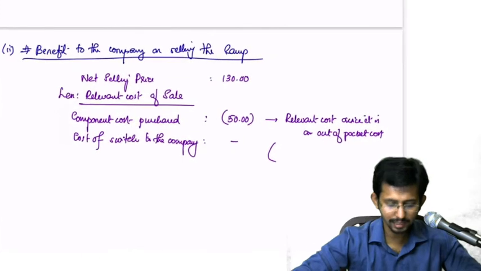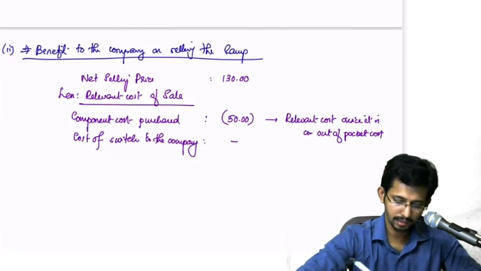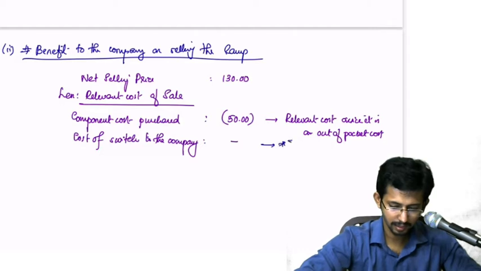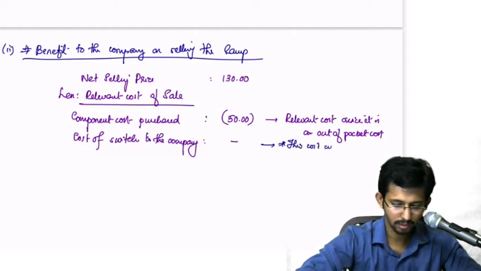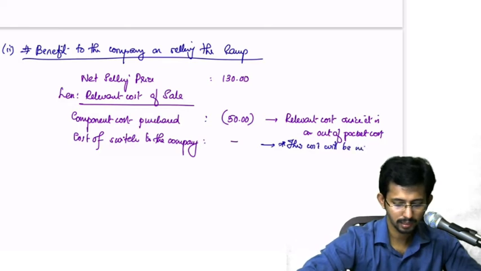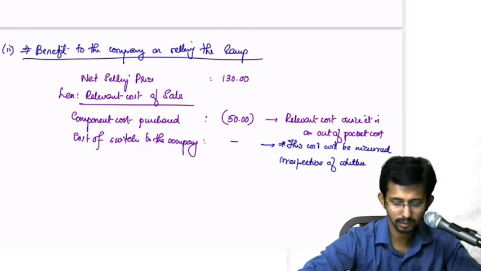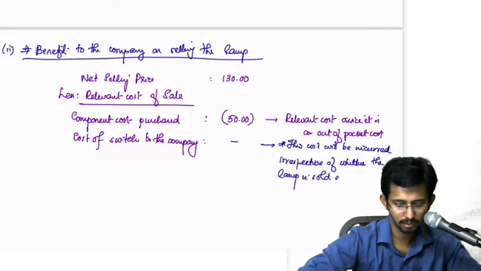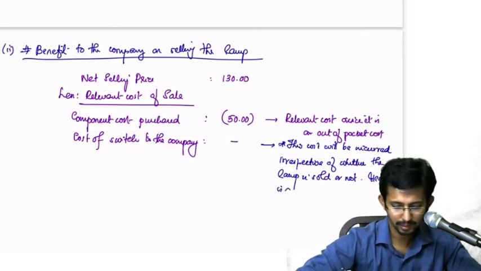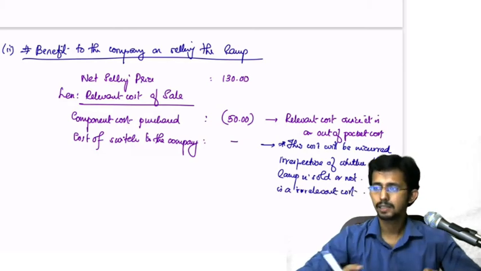Because as far as this decision is concerned, as far as this option is concerned, this cost will be incurred irrespective of whether the lamp is sold or not. Hence it is an irrelevant cost.